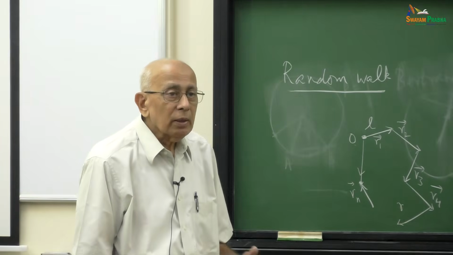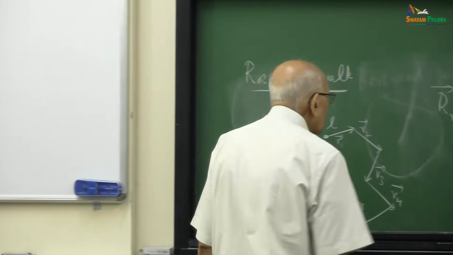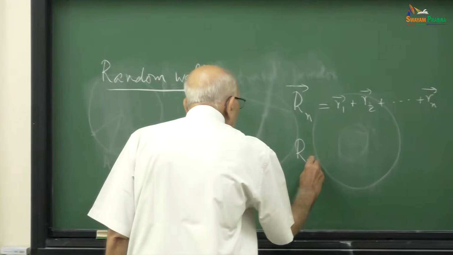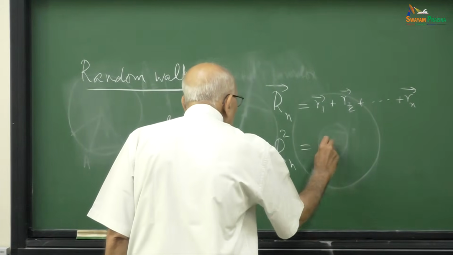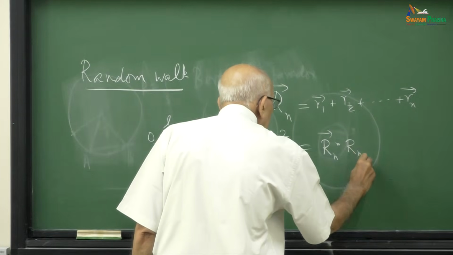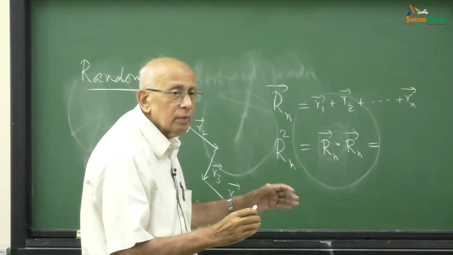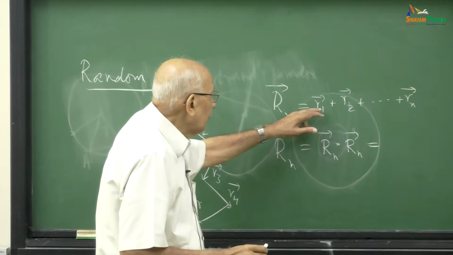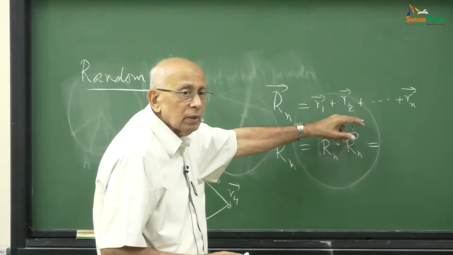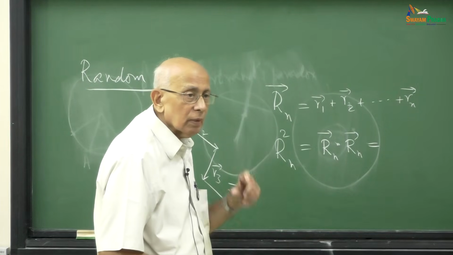Now I want the magnitude of this vector, so I take its square, or dot product with itself. So therefore, R squared is equal to R dotted with R. And that's this vector dotted with itself. And each time each Ri dots with itself, you get L squared, because it's just the square of the magnitude of each length here.